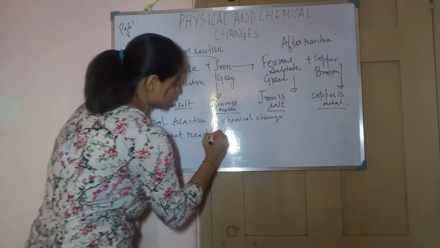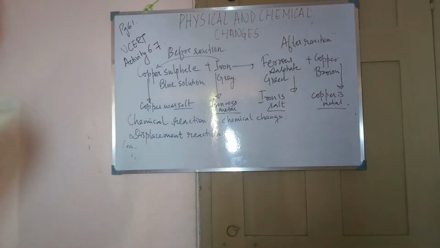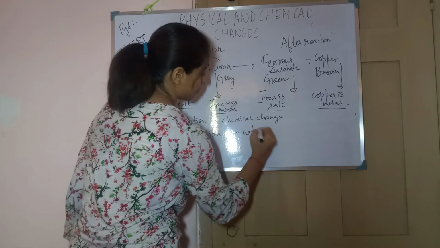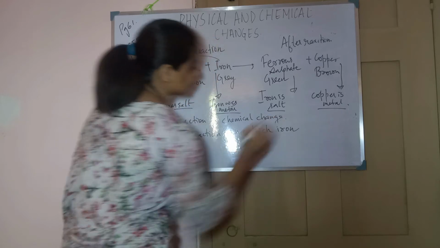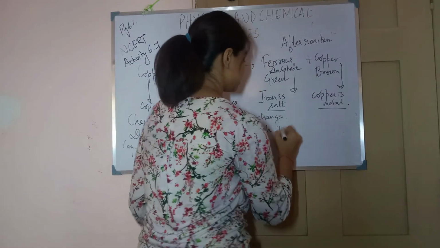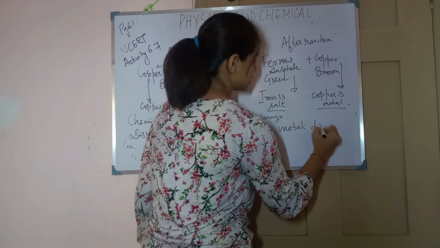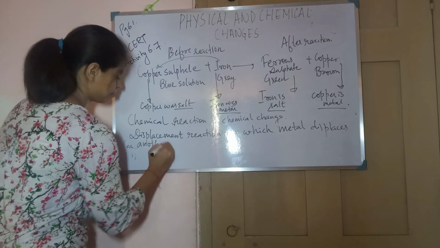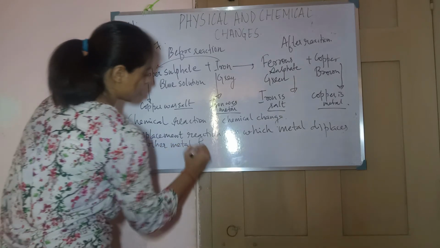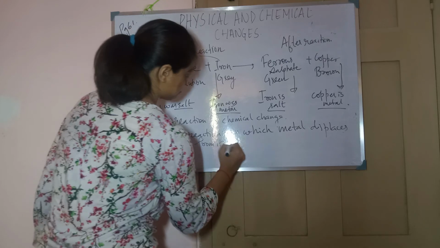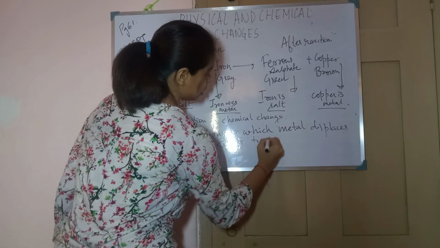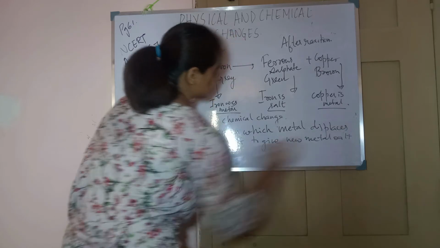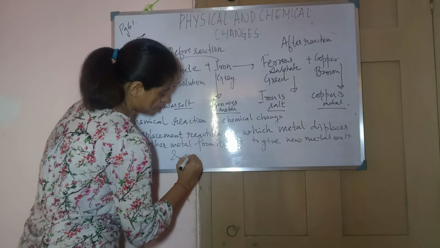What is a displacement reaction? A displacement reaction is a reaction in which a metal displaces another metal from its salt to give a new metal salt and another metal.